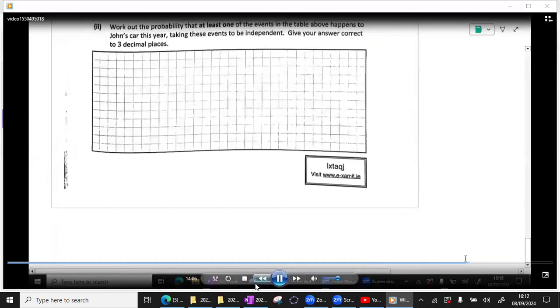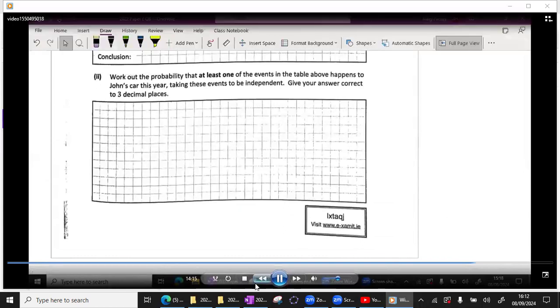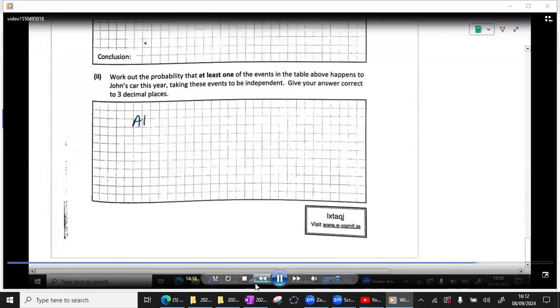Working out the probabilities. Finally, it says, work out the probability that at least one of the events in the table above happens to John's car this year. Now, if it's at least, it means he could have all three problems, two of the three problems, one of the three. In fact, the only thing it wouldn't have would be none of the problems.